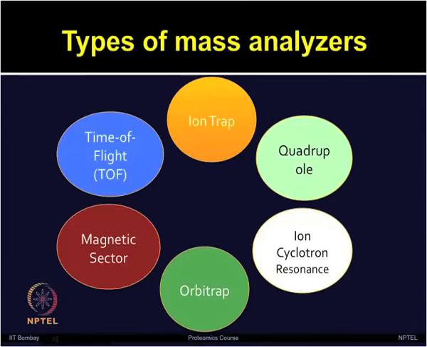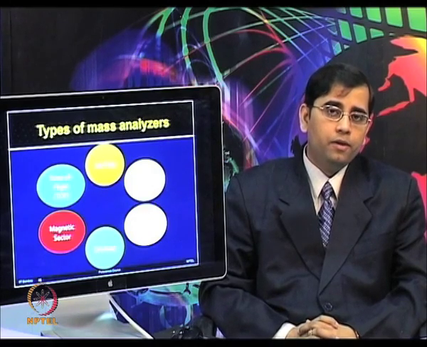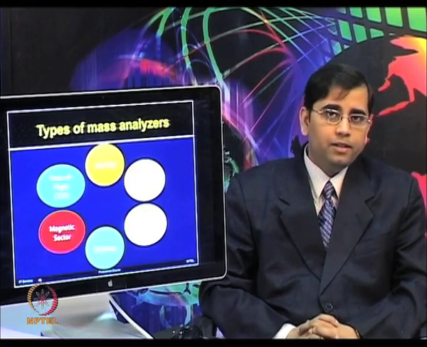They separate ions based on their mass to charge or resonance frequency, whereas quadrupoles or Q use an oscillating electrical field for selective stabilization of ions. This gives you an overview of various types of mass analyzers and briefly we discussed their principle.